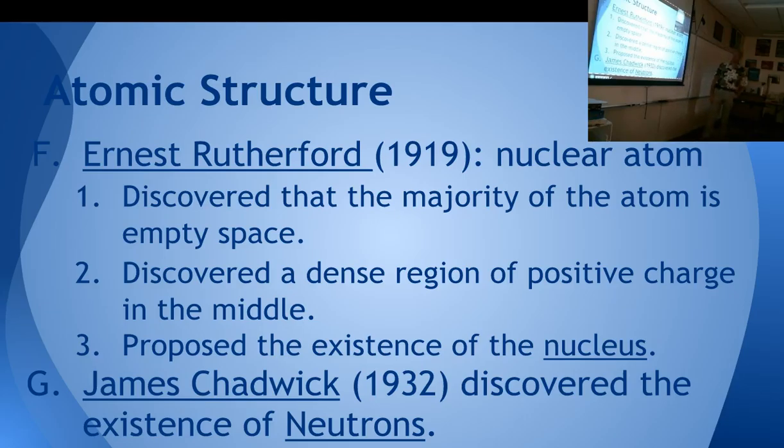And again, not too long after that, now we're looking at about 13 years later, in 1932, Chadwick discovered the existence of neutrons. Now, a neutron is also a part of the nucleus. So we knew that the nucleus was composed of positive things, and now Chadwick says there are also neutral things that don't have a charge in the nucleus as well.